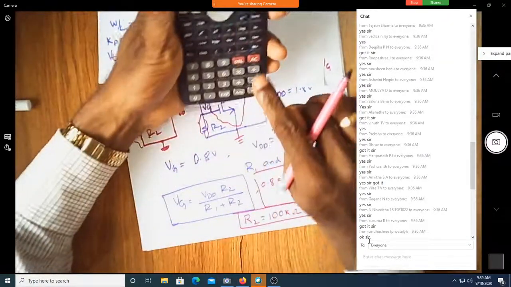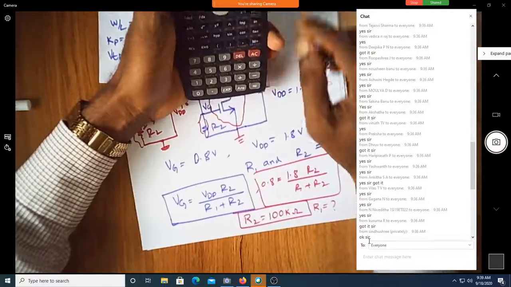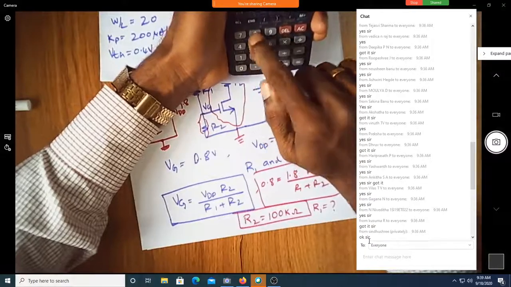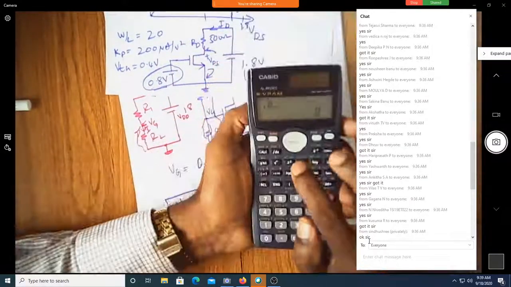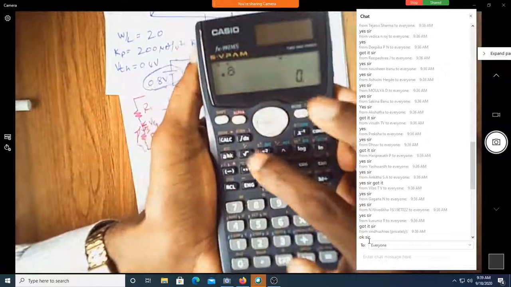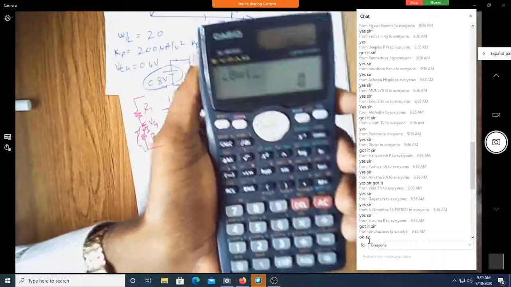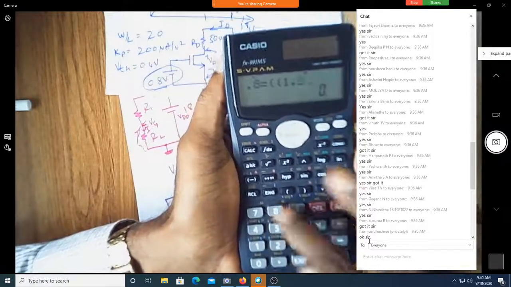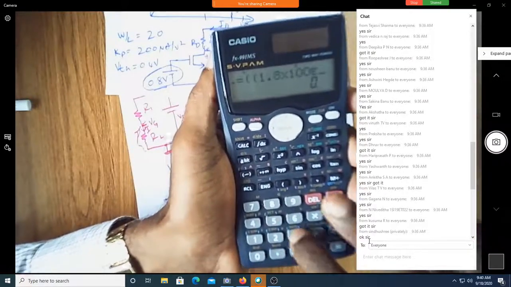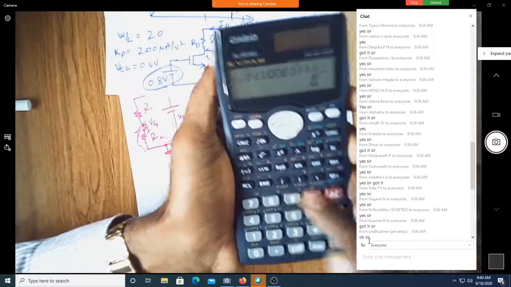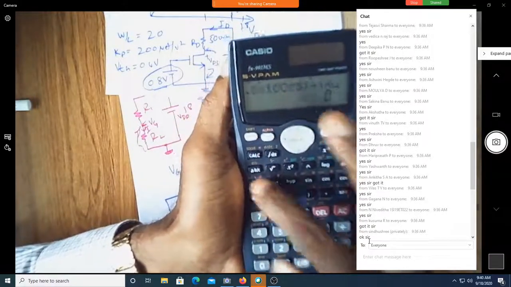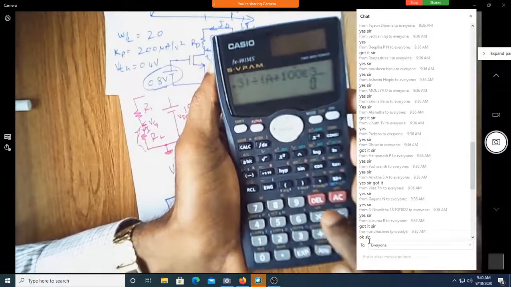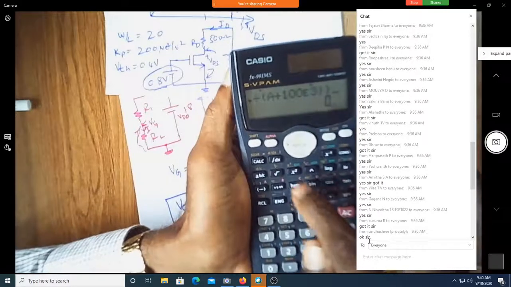Don't use your mathematical stuff. Just put alpha A as it is. It is 0.8 alpha equals, and then open the parenthesis, open one more parenthesis, 1.8 into 100 exponential 3, close the parenthesis, divide by, open, alpha A, this is R1 plus 100 exponential 3, close the parenthesis, close one more, shift cal.